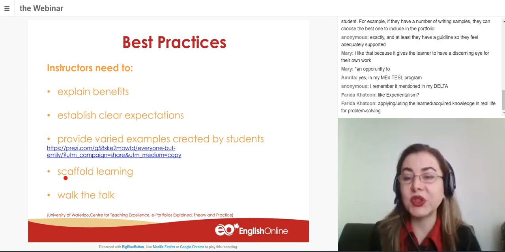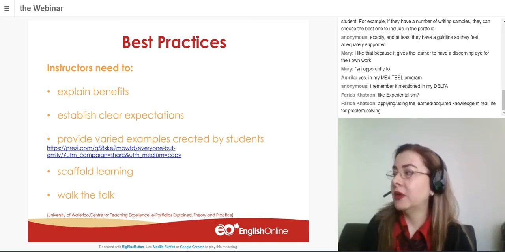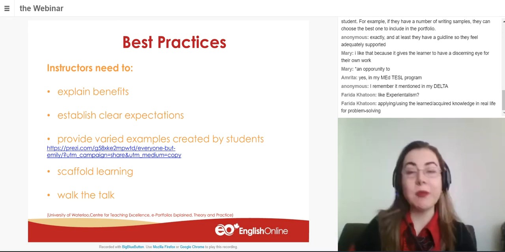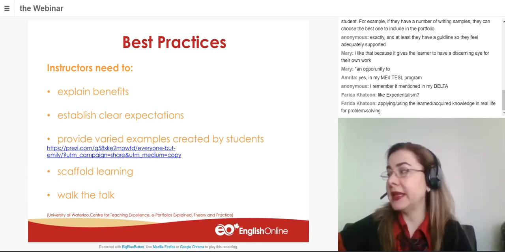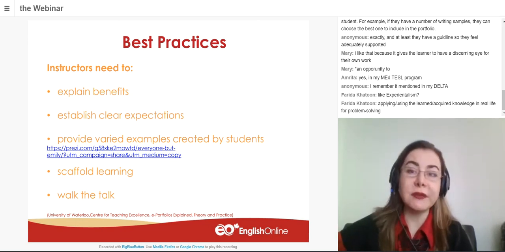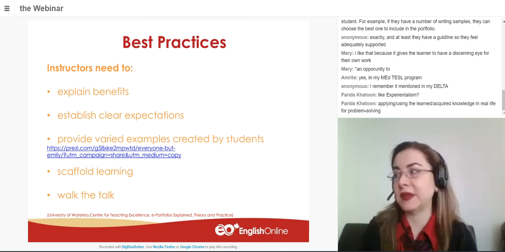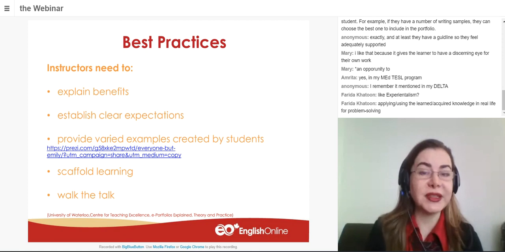The next one is to scaffold learning. It's important that teachers help students start small by asking them to choose maybe one artifact, like an essay, or any piece of work that the student is comfortable using at the beginning, and encourage them to reflect on the challenges they had while writing their essay, or on how this assignment helped them to understand how to complete other assignments.